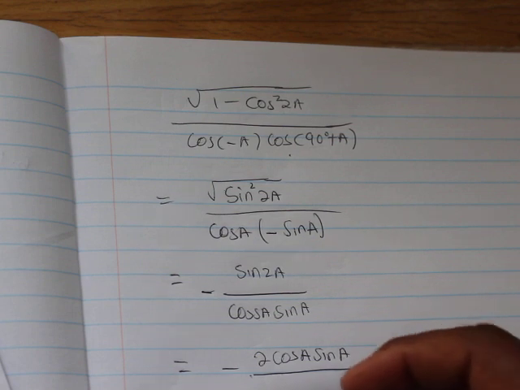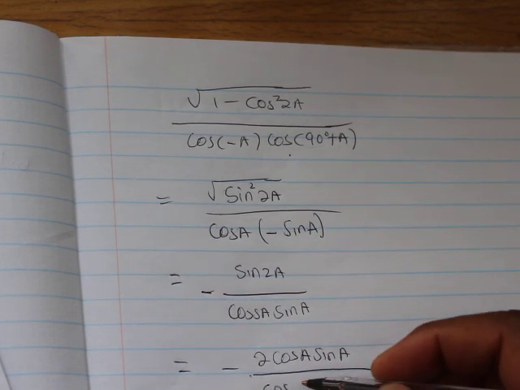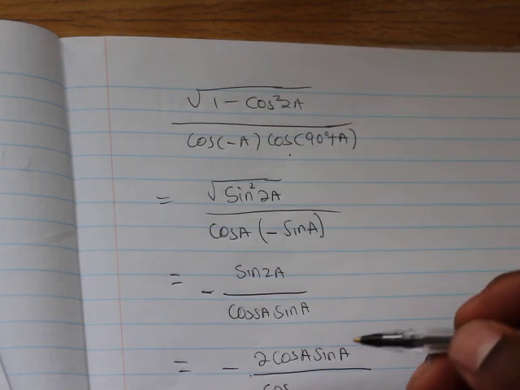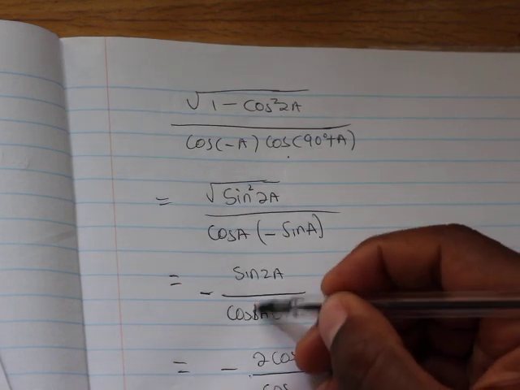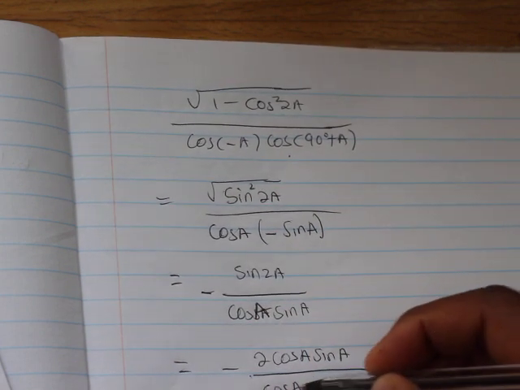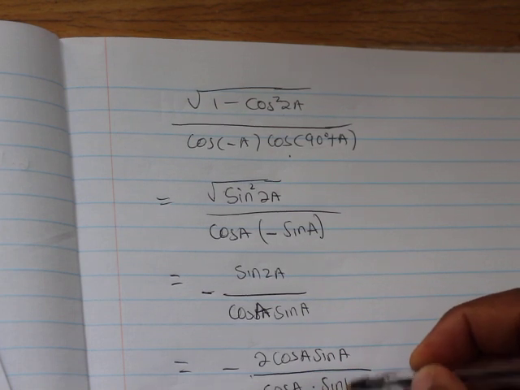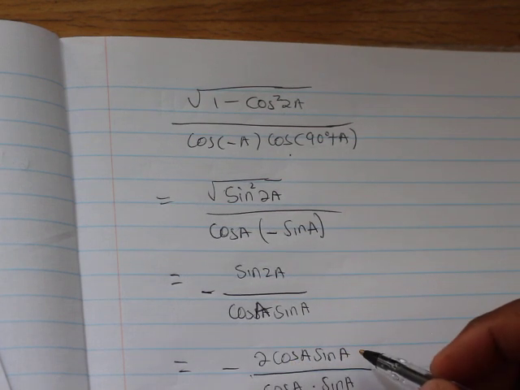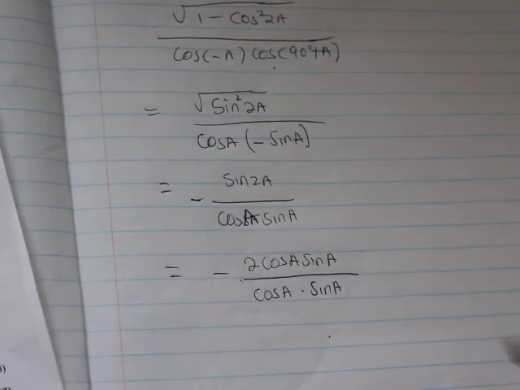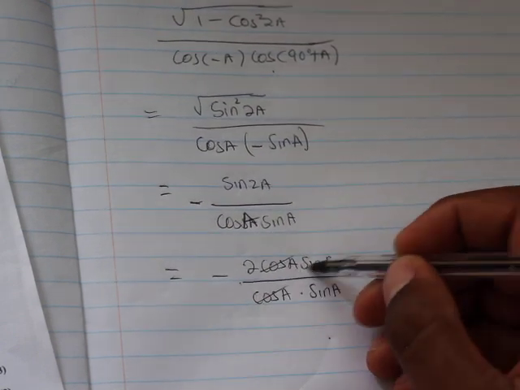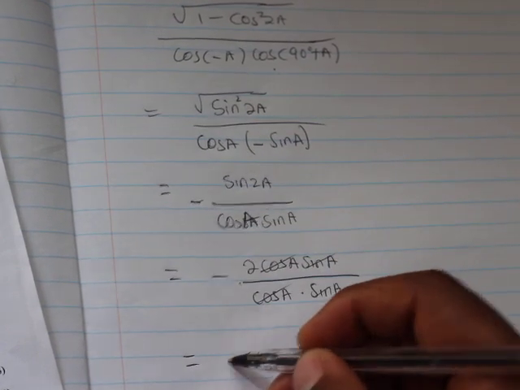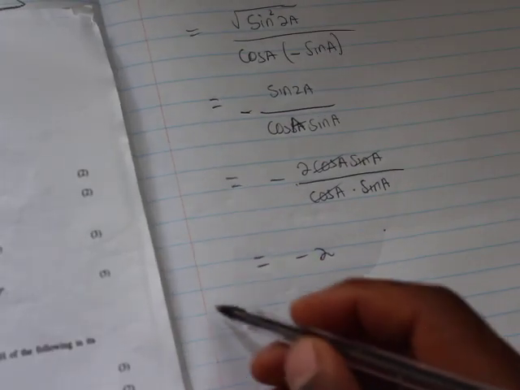I'm just ordering it in such a way that it's easier for me to cancel. So this is just cosine of a sine of a. So you can see that now we've got something that looks identical. The cosine and the cosine, the sine and the sine. And we just get minus 2. How cool is that?